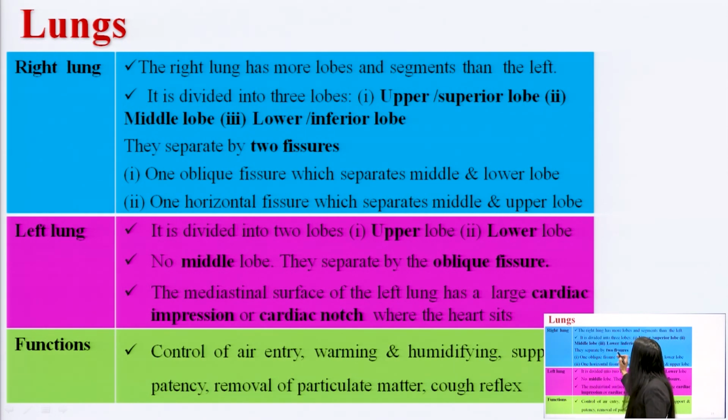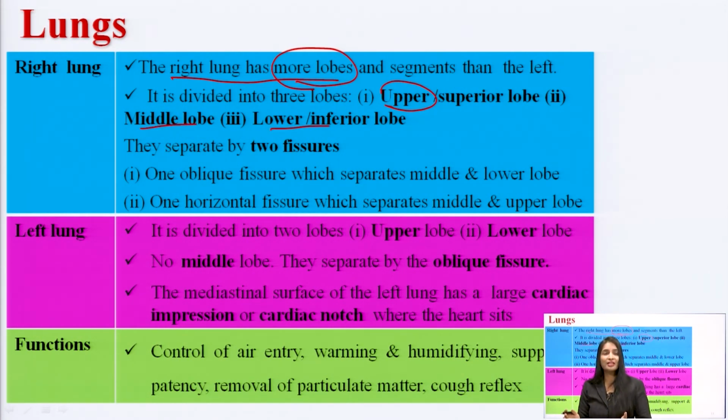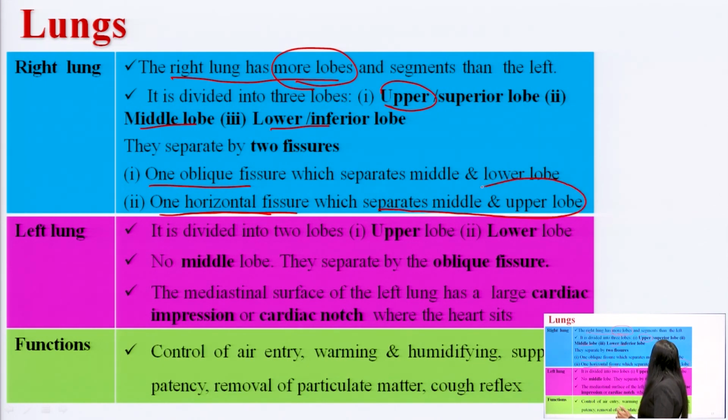Compared to the left lung, the right lung has one more lobe. These are separated by fissures, one oblique and the second horizontal. The oblique fissure separates the middle and lower lobes, and the horizontal fissure separates the middle and upper lobes.